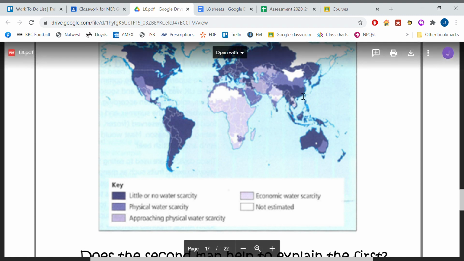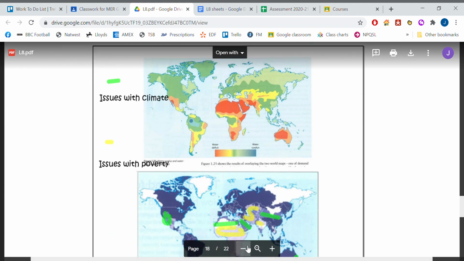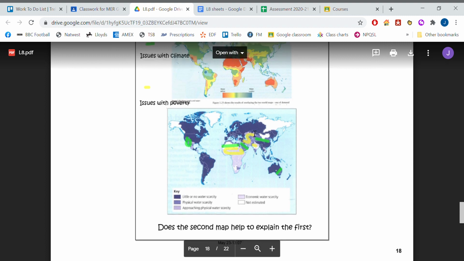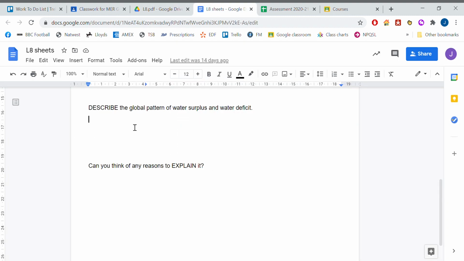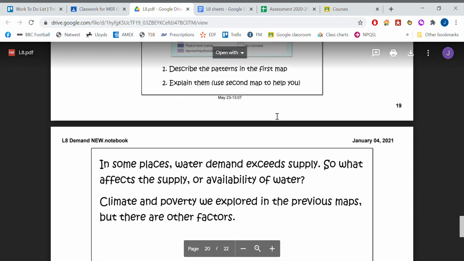Even if they had more money, they wouldn't be able to have more water. So I've highlighted it to show you where it's poverty and where it's climate. Okay, and your job then is to describe the pattern and then to try and explain the pattern.